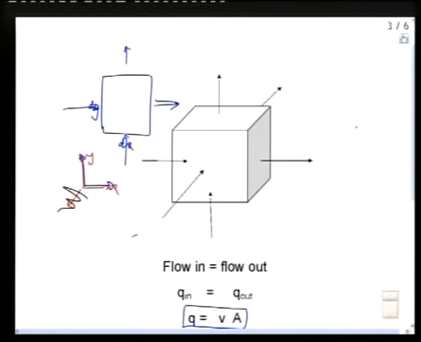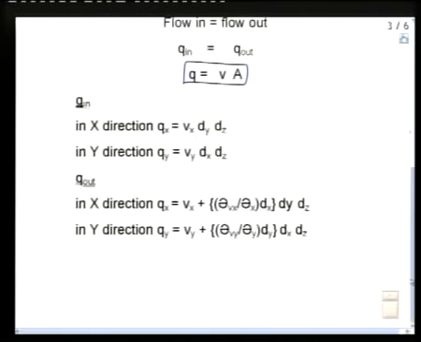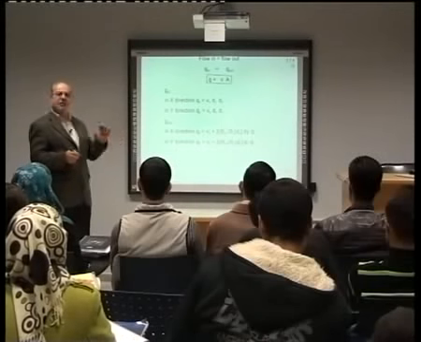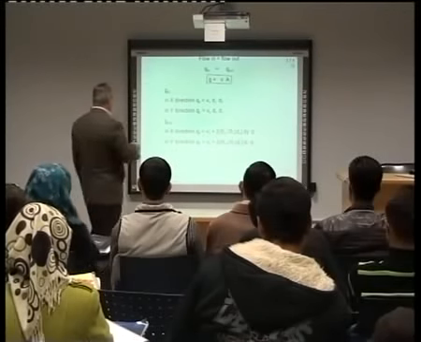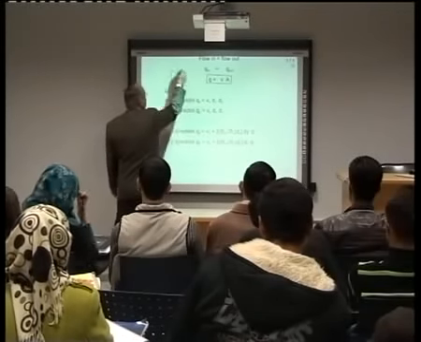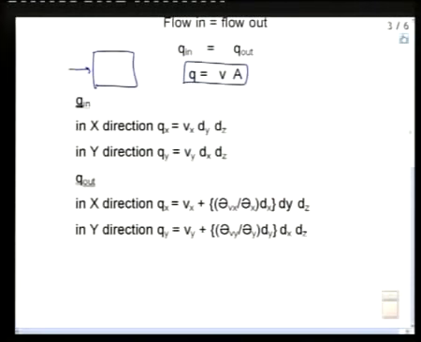So now we go back to this equation, and let's see. Q in should be equal to Q out. Let us see what we have in Q in. I have Q in the x direction, and I have Q in the y direction.